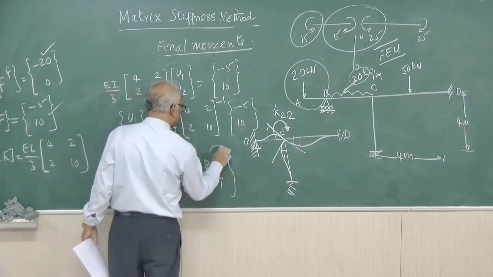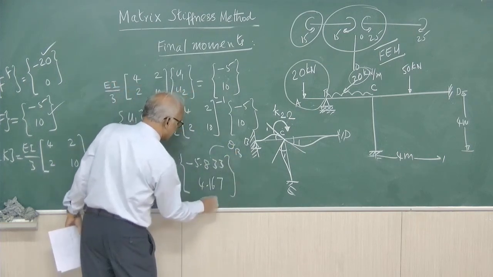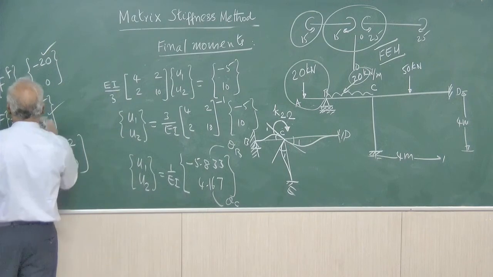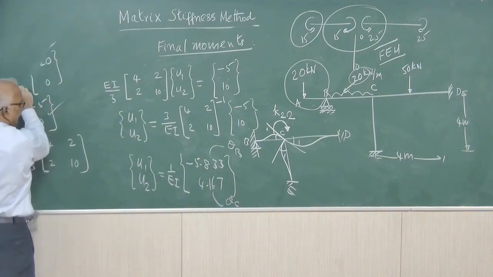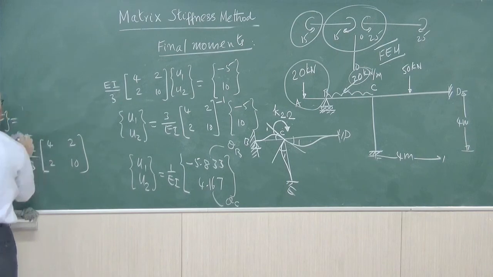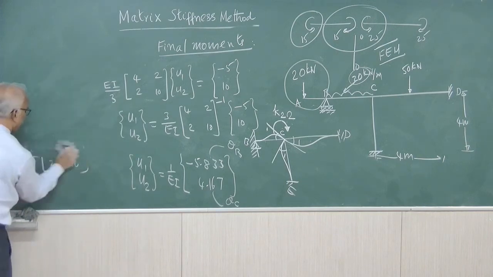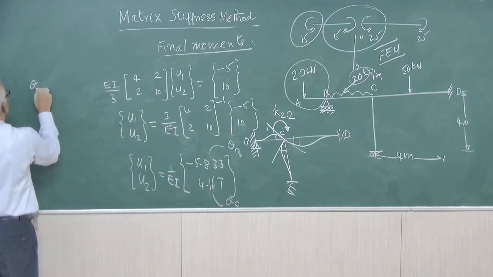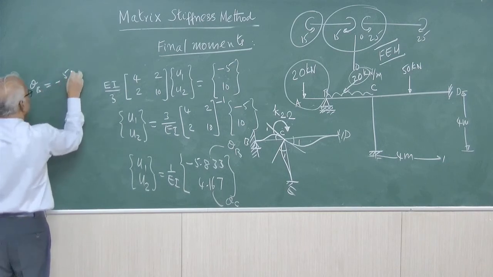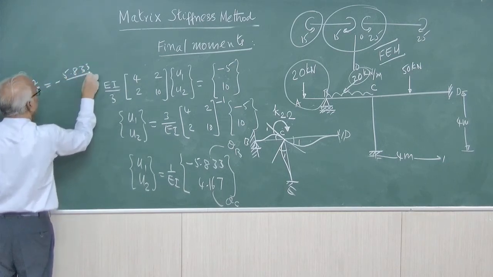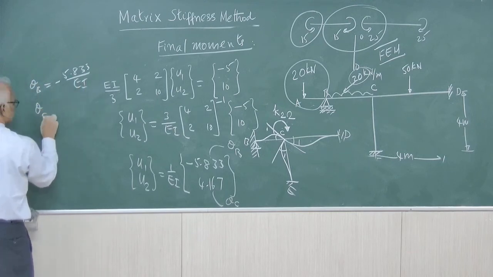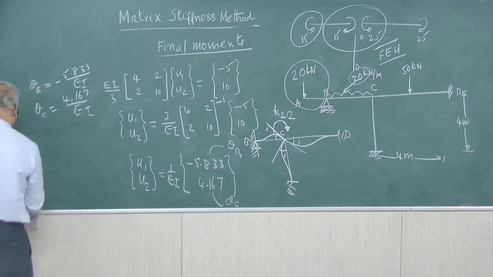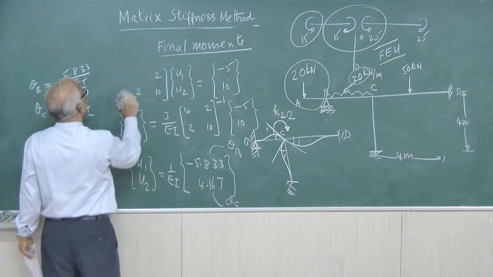So, this is our theta B, this is our theta C. So, theta B equals minus 5.833 by EI, theta C equals 4.167 by EI. So, that is about the unknowns by the direct stiffness approach.